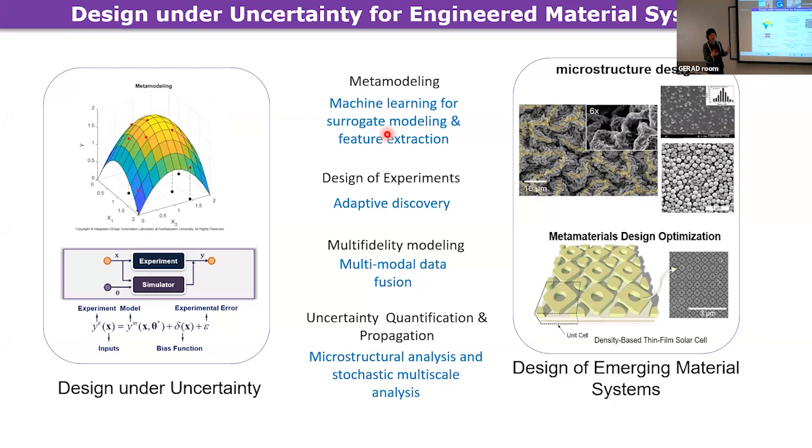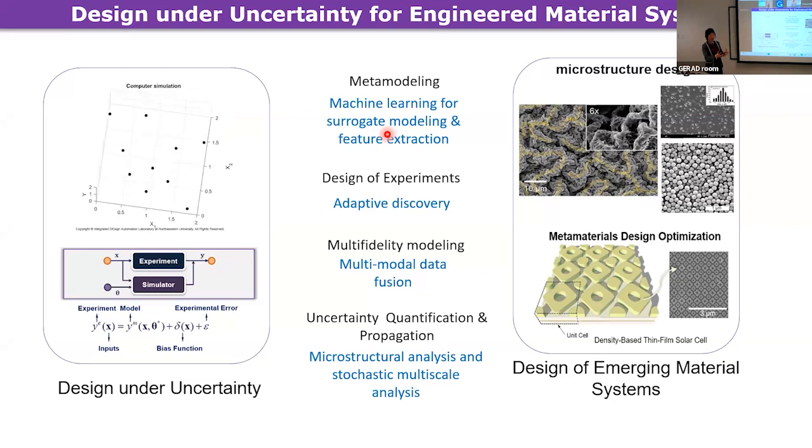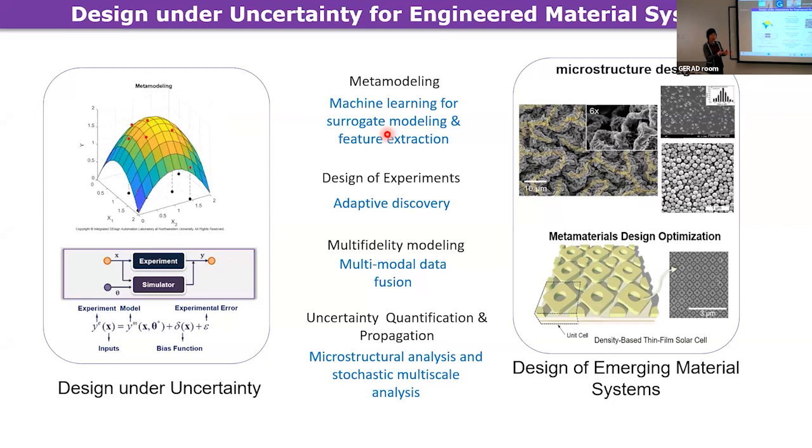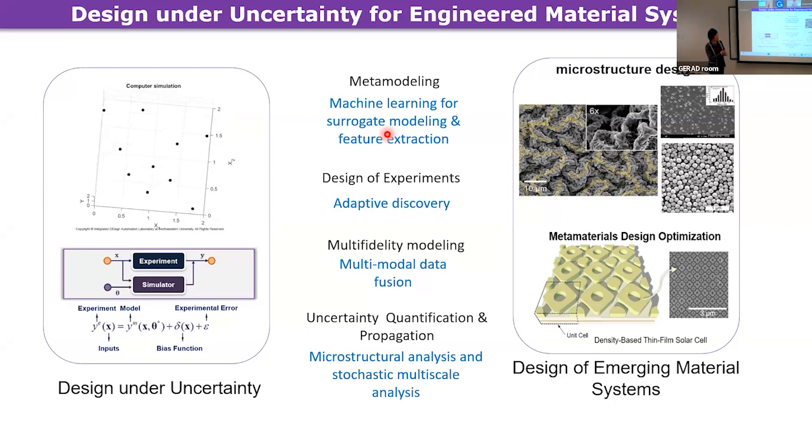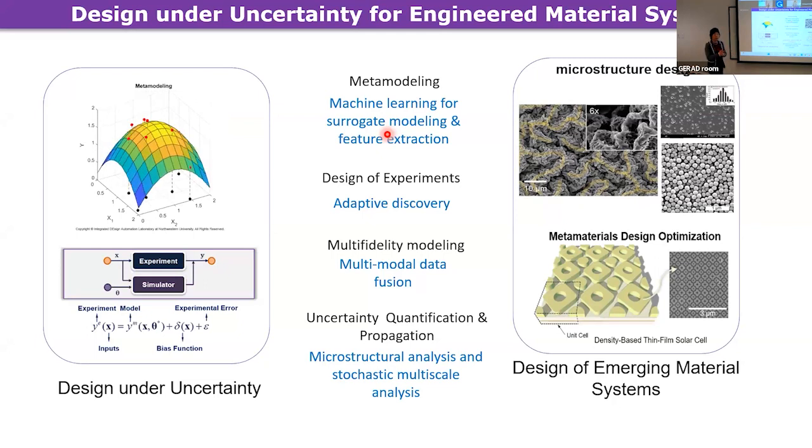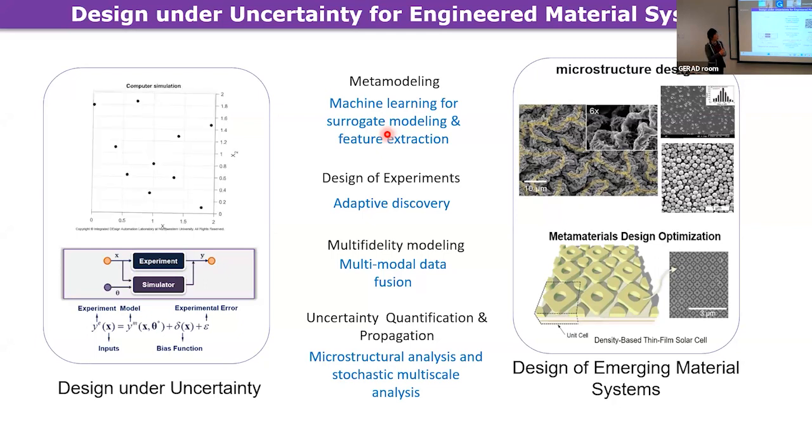So there's a problem of how you propagate the variation in the microstructure. They are very much stochastic by nature, and that's the reason I see a lot of opportunity in this area: how do you propagate the impact of that stochasticity on the performance you're interested in?